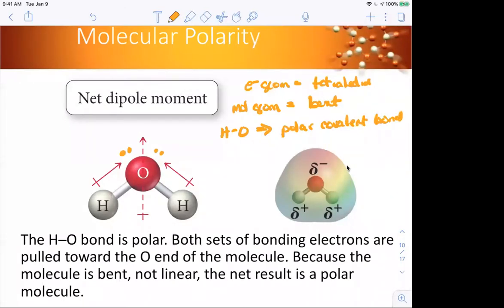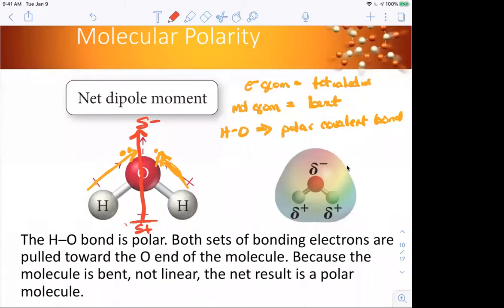But because of this bent geometry, I have electron density pointing up in this direction and more in this direction. If I think about it, what I actually end up with is a resultant that goes up the center. This is very partially negative. In between these 2 hydrogens is very partially positive.